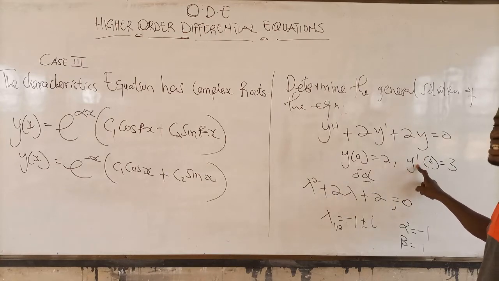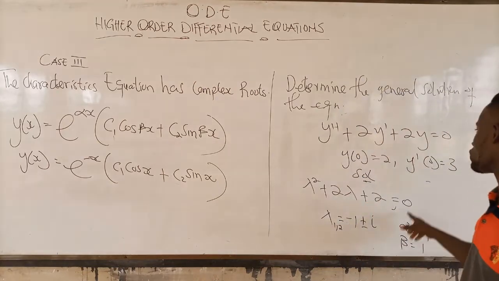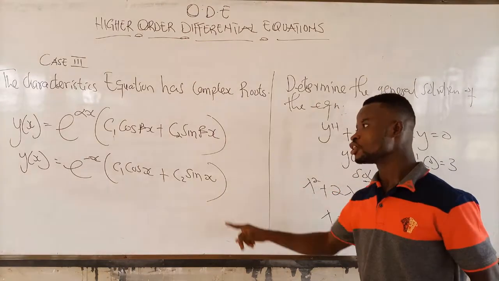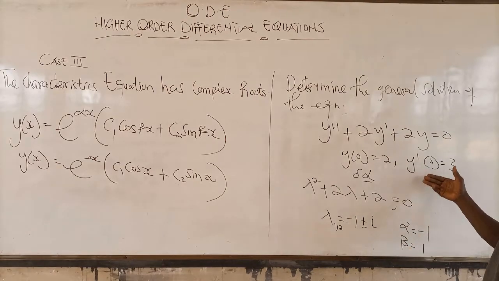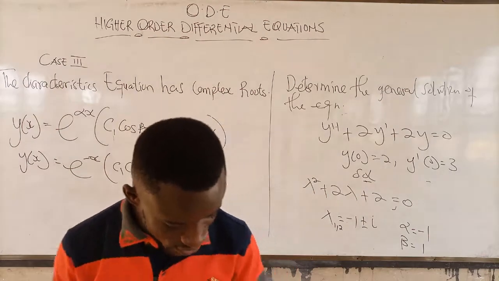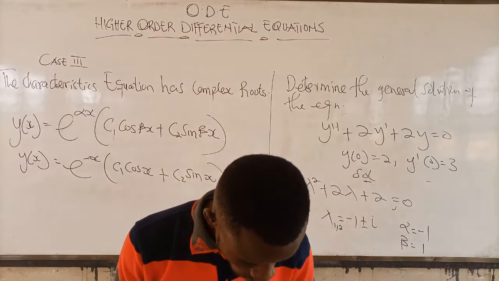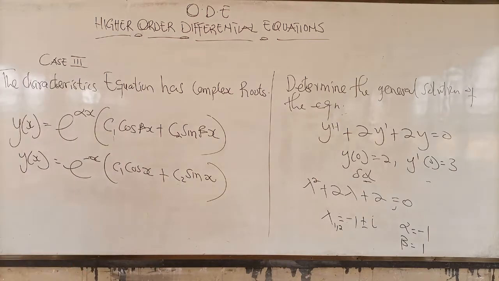Here, y prime means that we need to go and differentiate this to get the y prime or the first derivative before we can do the substitution. And that is how that is done. Very good. So let's go through the process to get that.